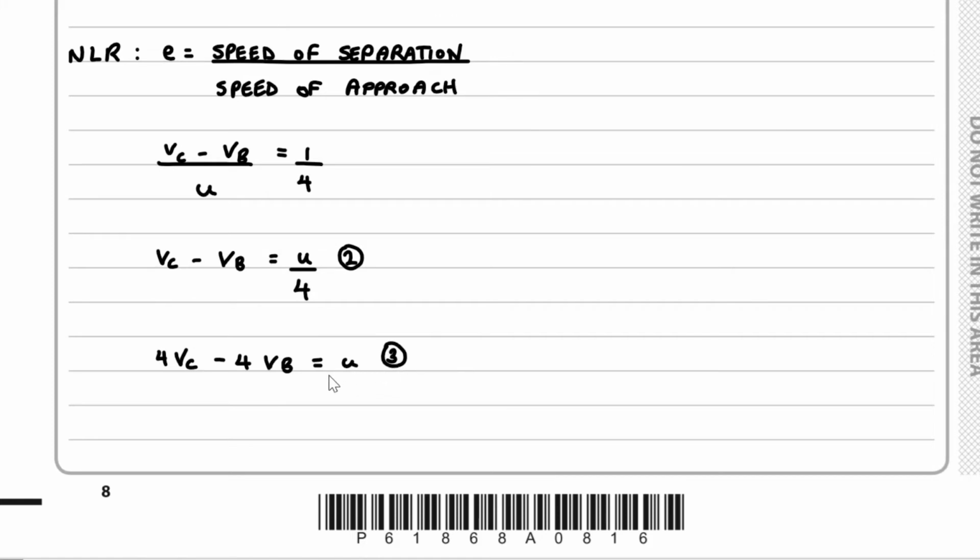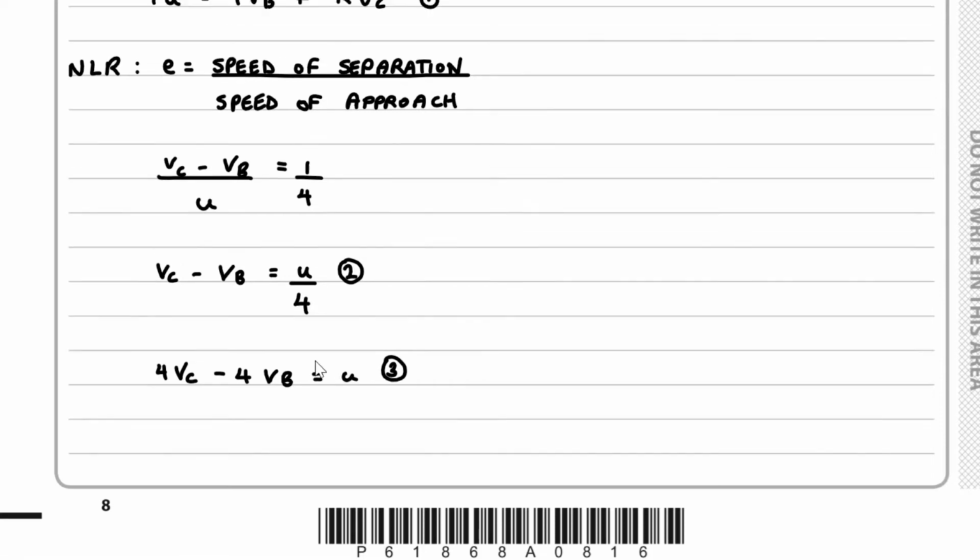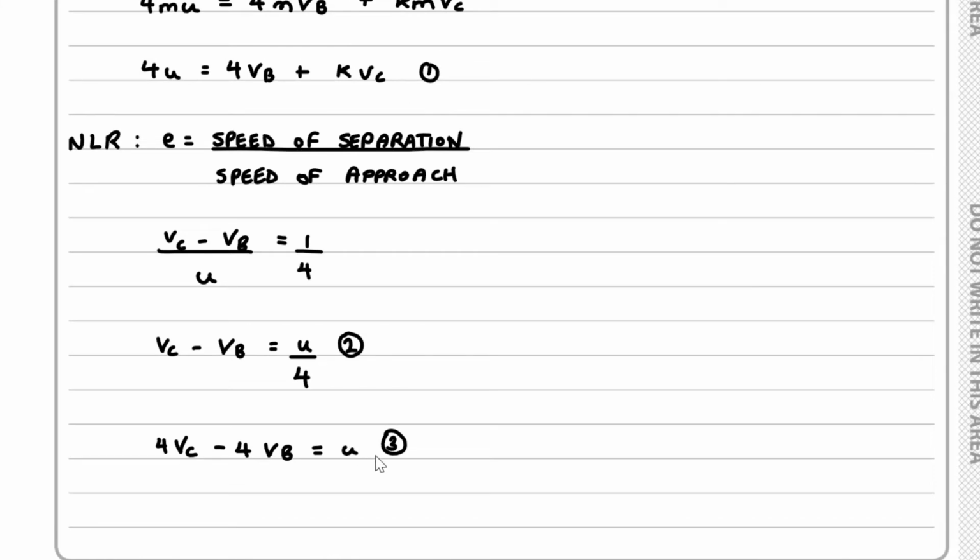And now, if we add together equation 1 and equation 3, let's write this down. If we add equation 1 and equation 3, we have 4u plus u, that's 5u. And then we've got kvC plus 4vC.